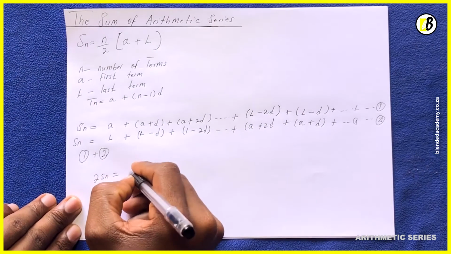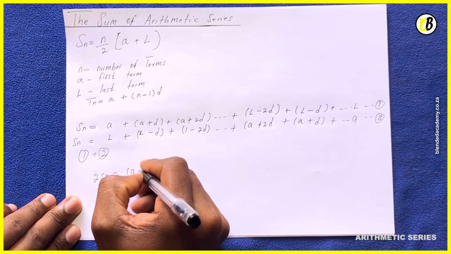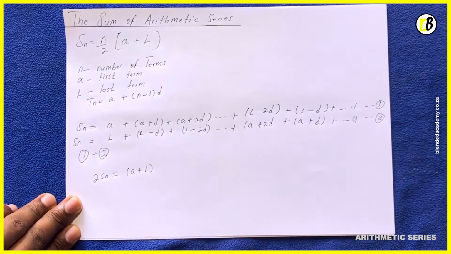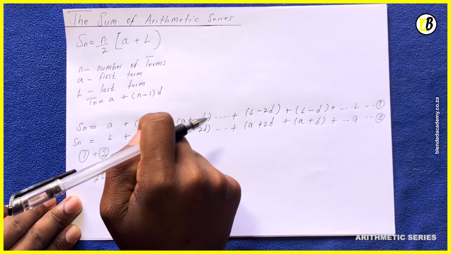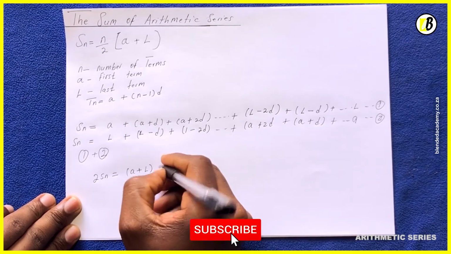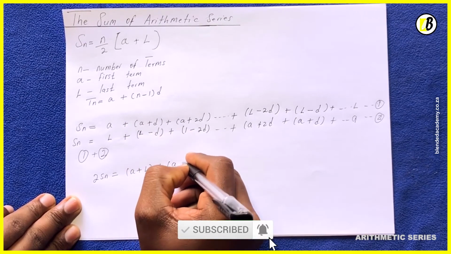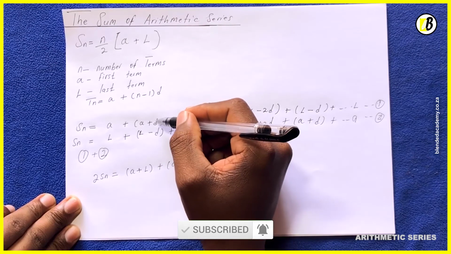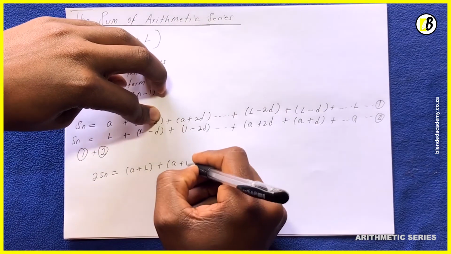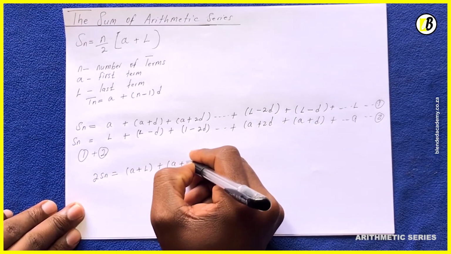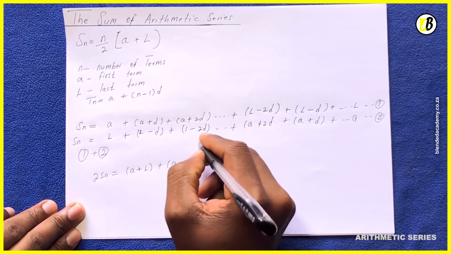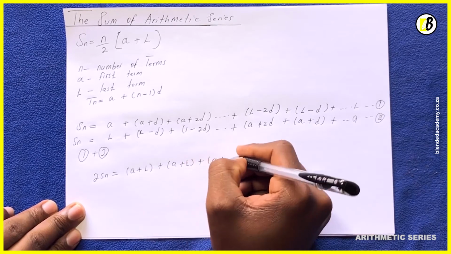Now, here you're going to get a plus l. If you add a plus l, you're going to get a plus l. But then if you add positive d plus negative d, you're going to get 0, right?